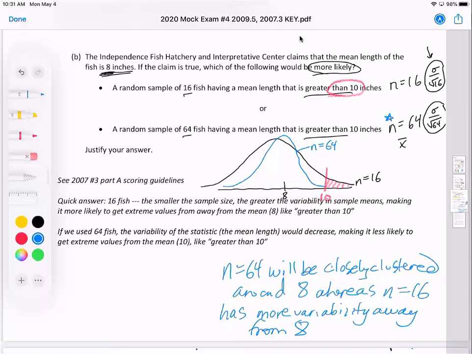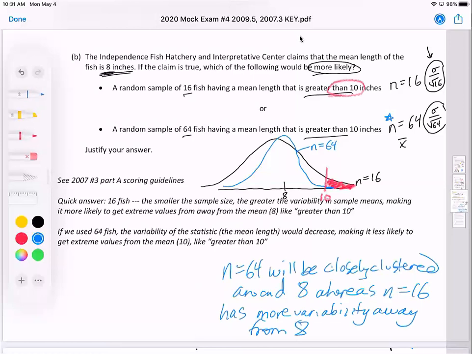So that would imply that this area under the blue curve is going to be very, very small, very unlikely for the blue curve, but you could see the shaded red there, that is going to be more likely for the n equals 16.